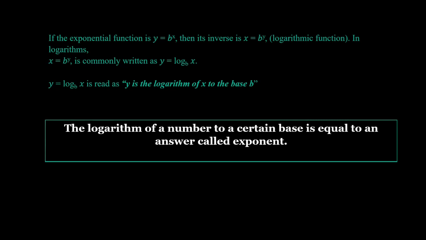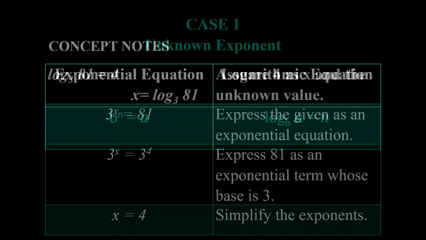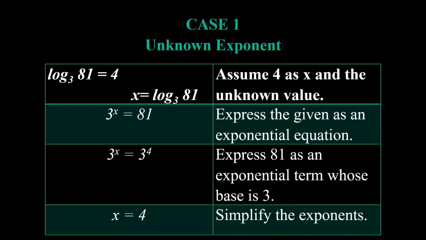Now, the logarithm of a number to a certain base is equal to an answer called the exponent. This is the way we transform an exponential equation to a logarithmic equation. But we can proceed already with case one, which is solving the unknown exponent.